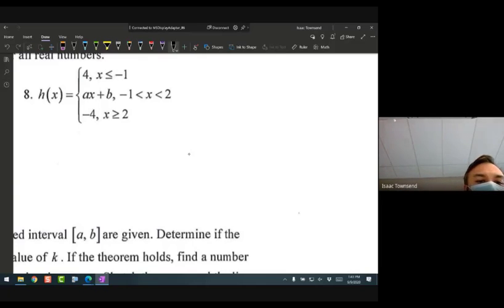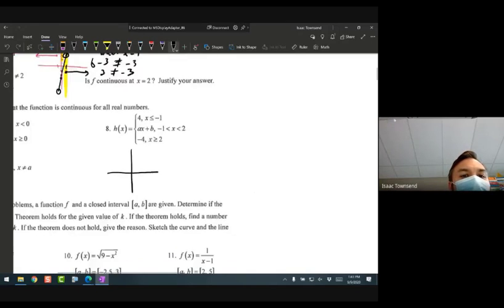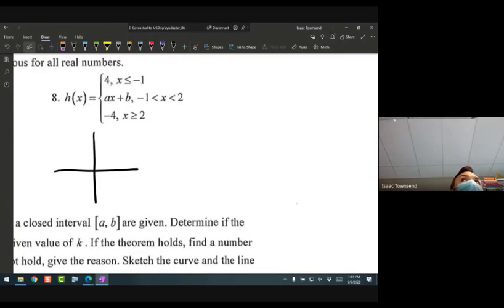Instead, I'm going to draw the visual here, even though it doesn't say you have to, because I think it makes it a little more obvious what you're trying to do.